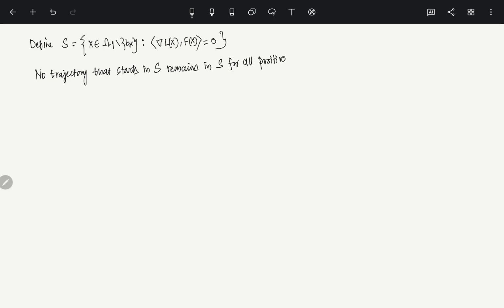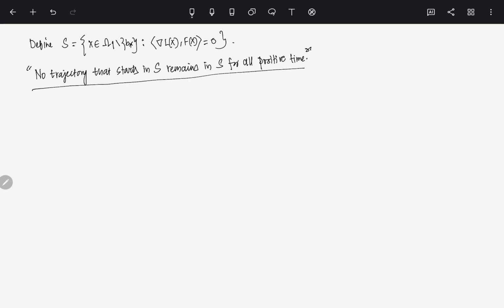This is what we assume now, for all positive time. So let's just assume this. This is our assumption, as we define this set.